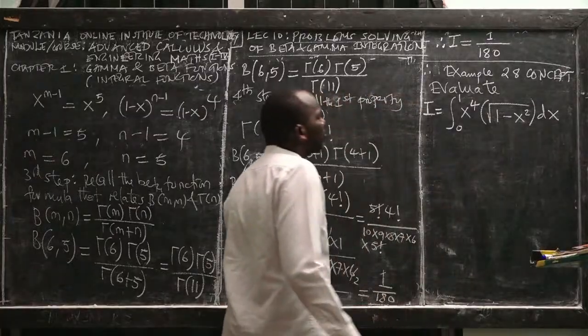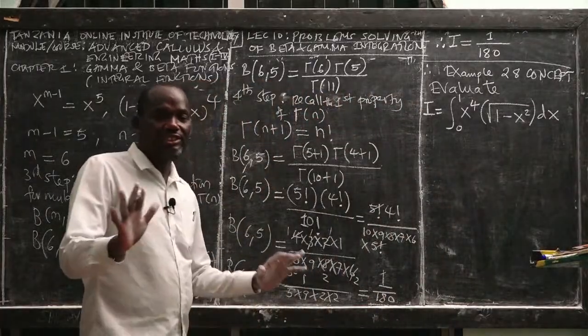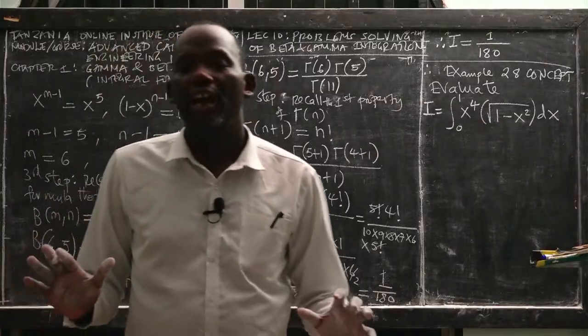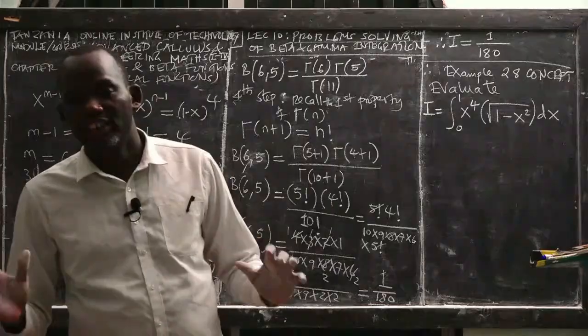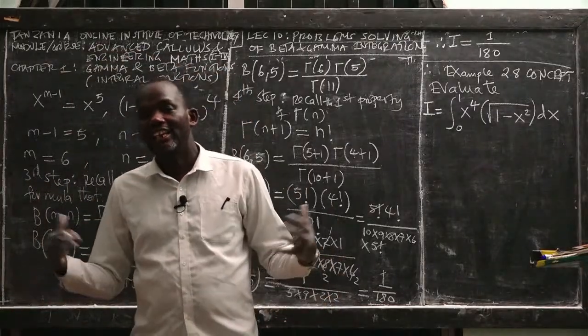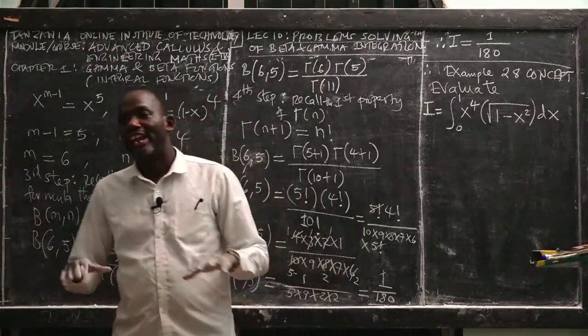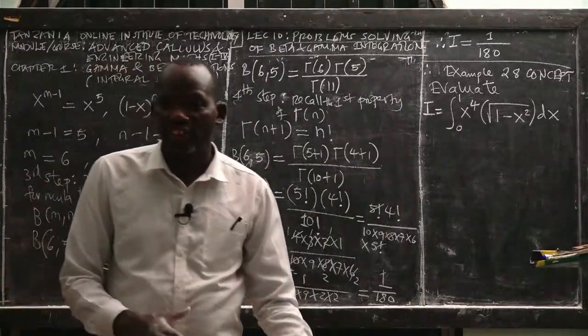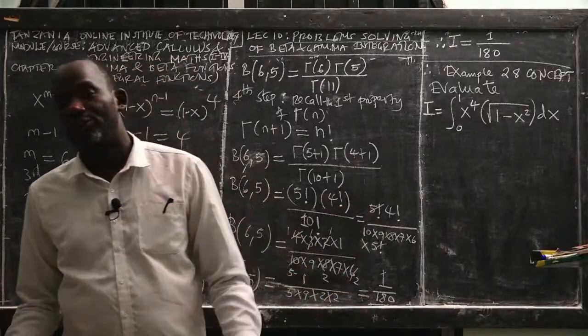Twende. Tunafanyaje hili swali? The first step that I taught you, whenever you want to attempt gamma and beta function integrals, please analyze the question first and check which format the integral is. Is it in Cartesian form or in trigonometrical form?